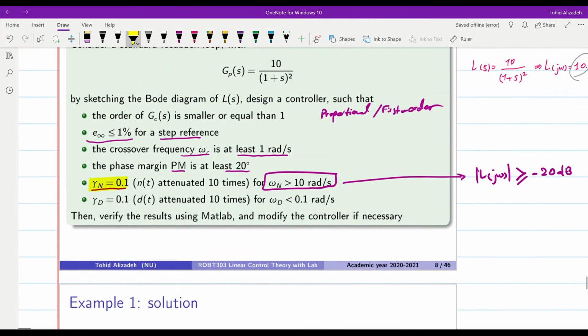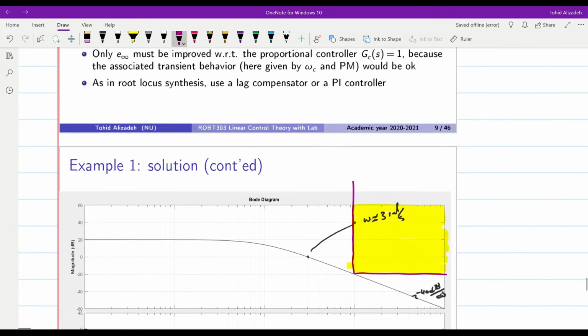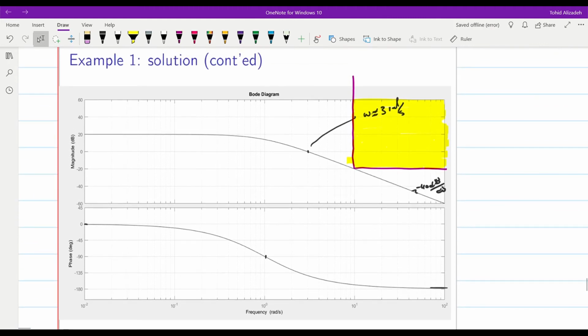In terms of the disturbance rejection, we see that we have gamma d equal to 0.1 for the frequencies smaller than 0.1 radian per second. This means that we would need to have amplitude of L of j omega bigger than or equal to 20 decibels, plus 20, for the frequencies smaller than 0.1. And now we will show it here.